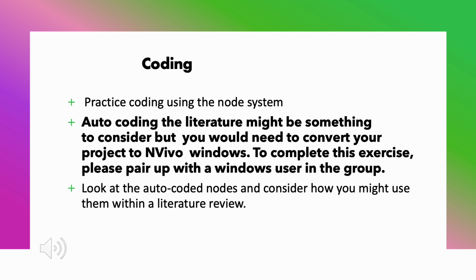Now, auto-coding the literature review might be something to consider, but you need to convert your project to NVivo Windows. And to complete this exercise, please pair up with the Windows user in the group.